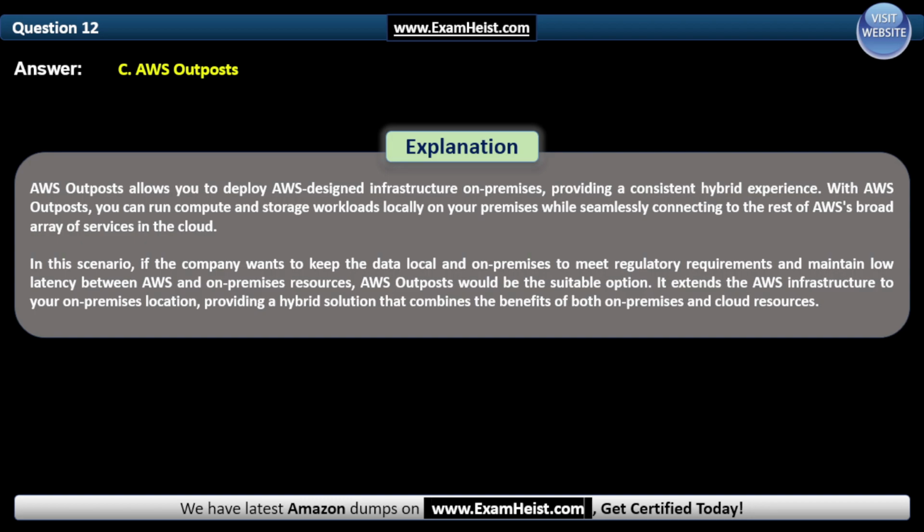In this scenario, if the company wants to keep the data local and on premises to meet regulatory requirements and maintain low latency between AWS and on premises resources, AWS Outposts would be the suitable option. It extends the AWS infrastructure to your on premises location, providing a hybrid solution that combines the benefits of both on premises and cloud resources.